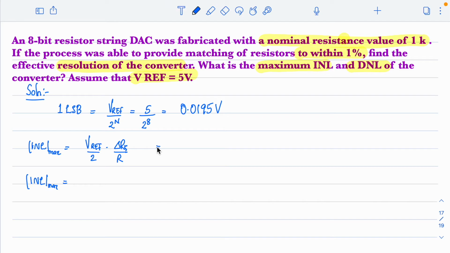This can also be written, in terms of LSB, as half LSB into 2 to the power of n into this delta RK by R. This is another way of writing it, right? So based on this, if you calculate, you will get the maximum INL value. What is INL max?